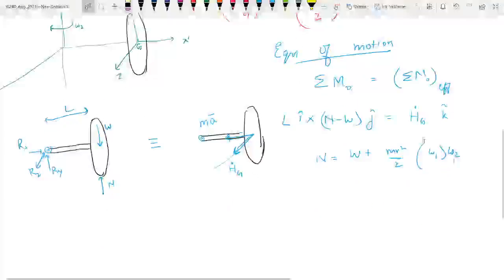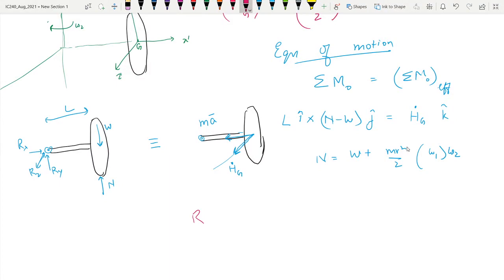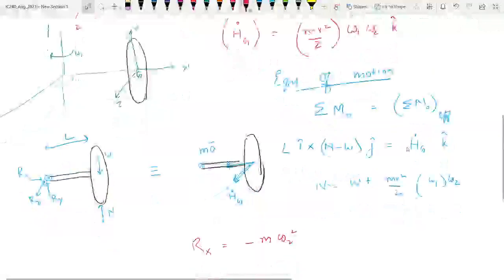And similarly, the reaction that you are going to get is, your Rx is going to be minus of m into omega 2 square into L.